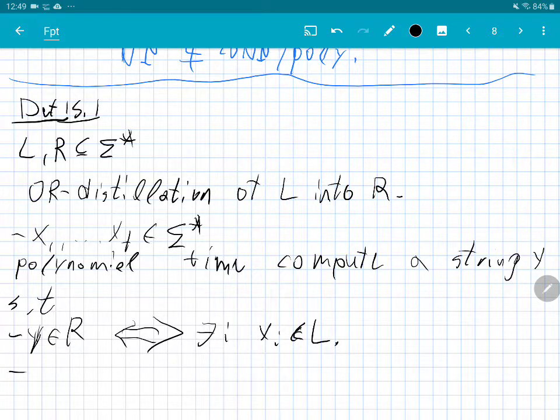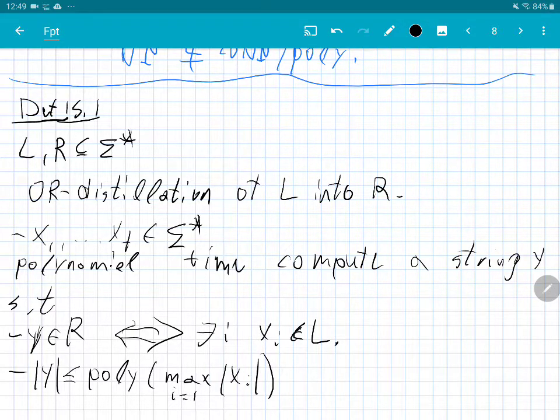The second property we need is that the length of y is not too long. It's the same as we have seen before: it's polynomial in the maximum of the lengths of the input strings. So the string y is relatively short. What matters here is the maximum length of the xi's, not the number of xi's.